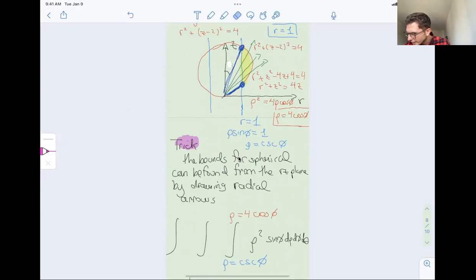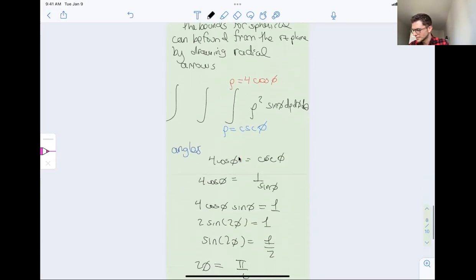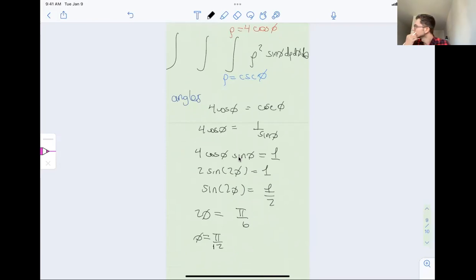And the other one, well, what is the other one? It should all be kind of symmetric. Because it could be sine, you know, 2 phi equals pi minus pi over 6. So phi equals pi over 2 minus pi over 12.